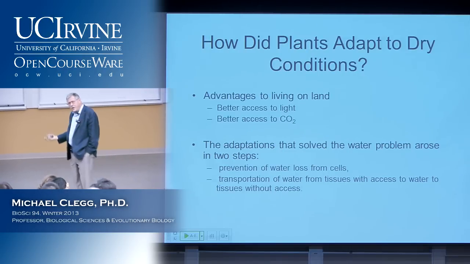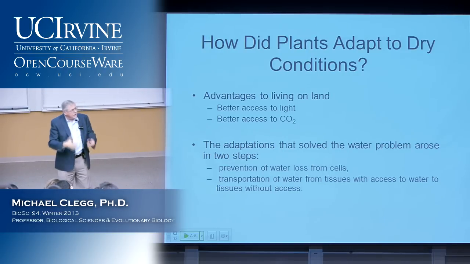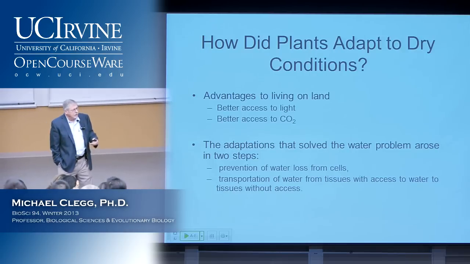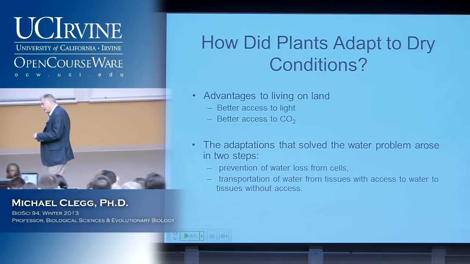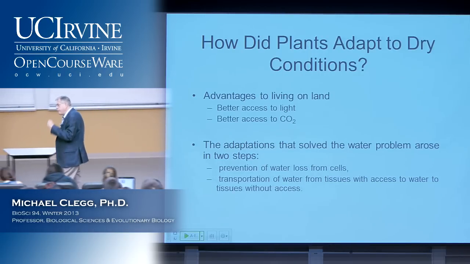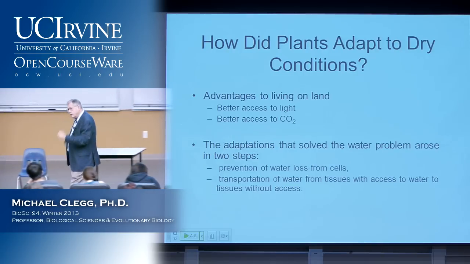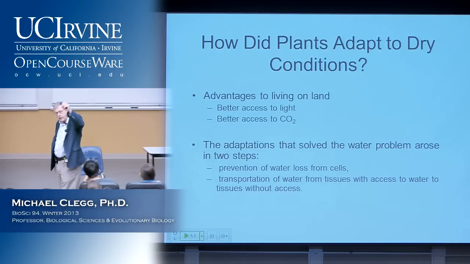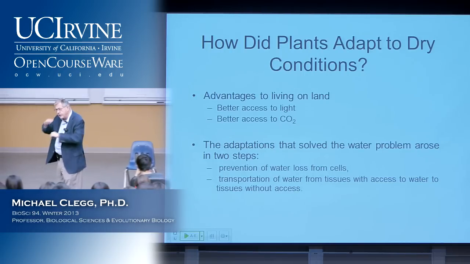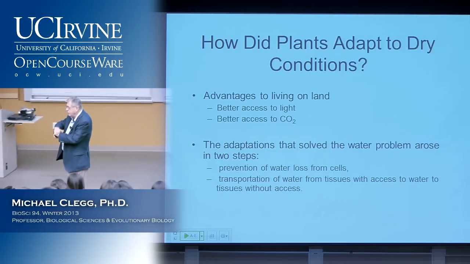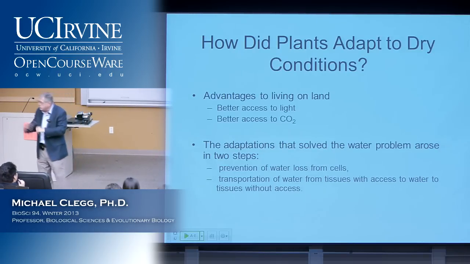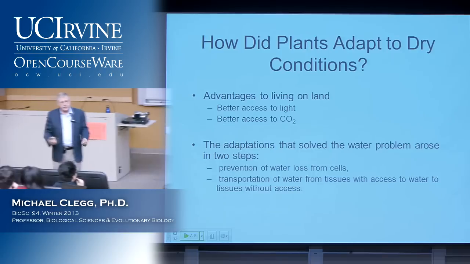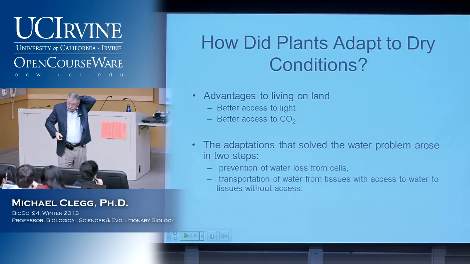Well, why did plants bother? I mean, life was going along just fine in the ocean. Why bother to try and invade the land? Well, there are a couple of good answers for that. If you're a photosynthetic organism, there's much better access to light on land, out of the water, because water attenuates light very quickly. Within just a few inches, there's a significant attenuation of light energy. So if you really want to harvest light, you want to get out of the water and do it more efficiently.